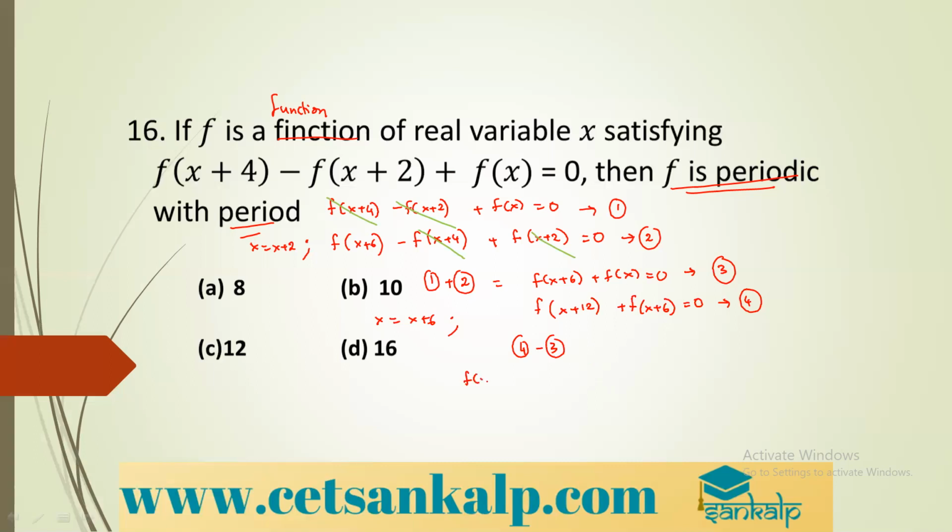So what will happen? f(x plus 12) plus f(x plus 6), the fourth equation, minus the third equation, minus f(x plus 6) minus f(x) equal to, the right side 0 minus 0. So these two will cancel. I got f(x plus 12) minus f(x) equal to 0, or f(x plus 12) is equal to f(x).